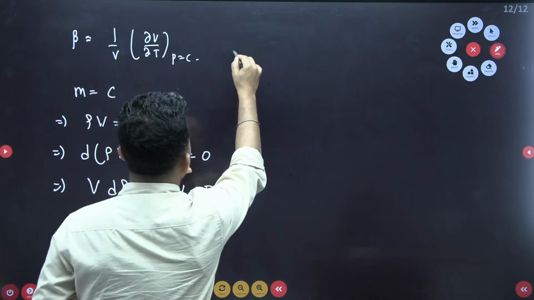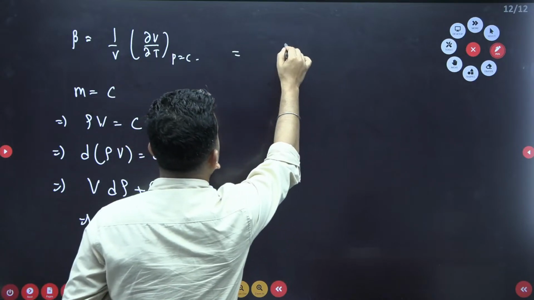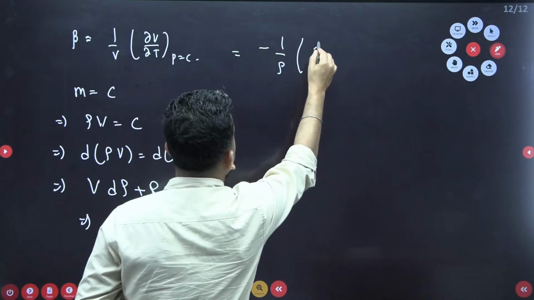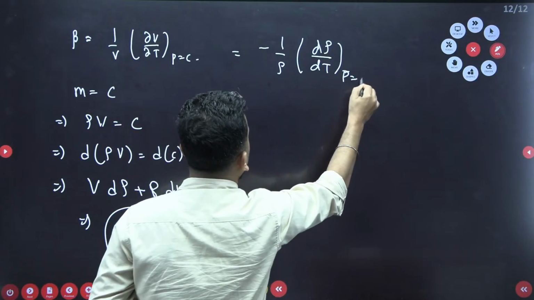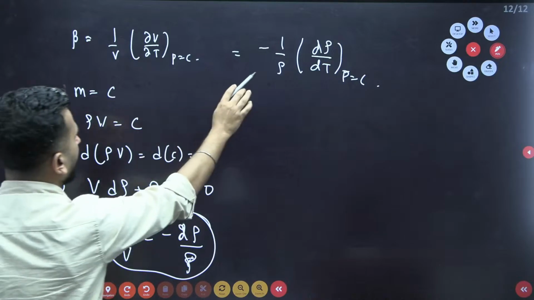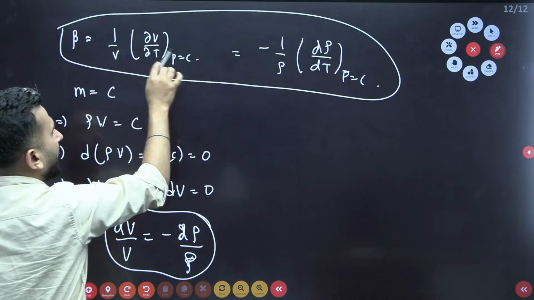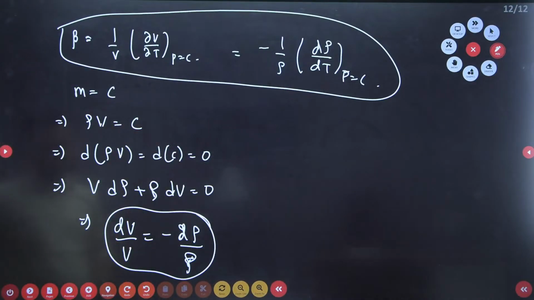So the same expression can be written as minus 1 by rho d rho by dT at constant pressure. Both these equations are the same; in one I have written volume and in the other density, and later on we will use this equation.